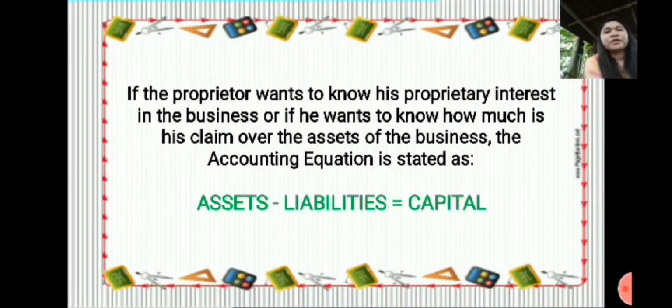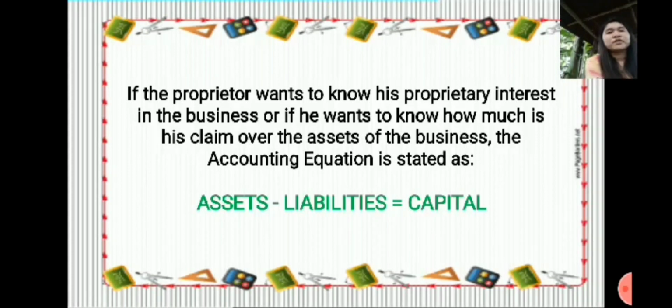If the proprietor wants to know his proprietary interest in the business, or how much is his claim over the assets of the business, the accounting equation is stated as assets minus liabilities equals capital.